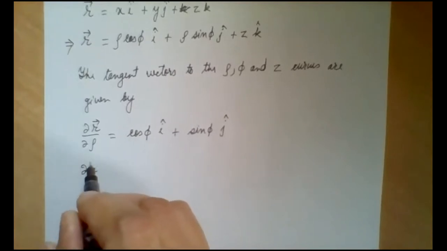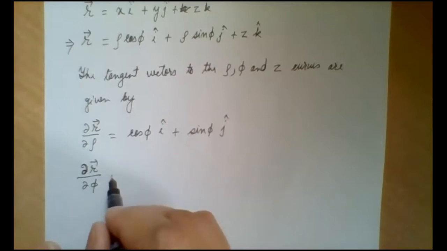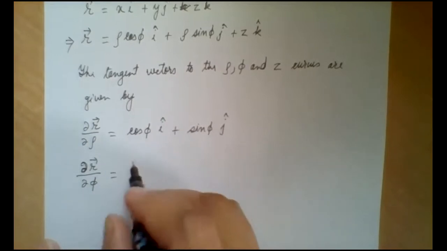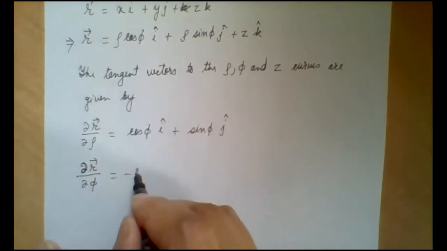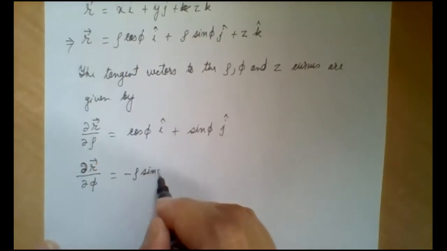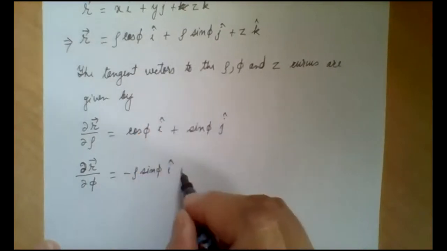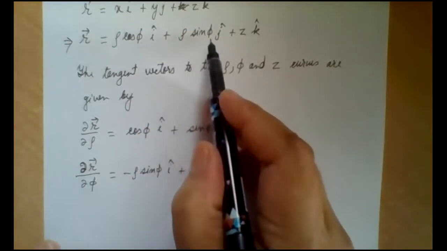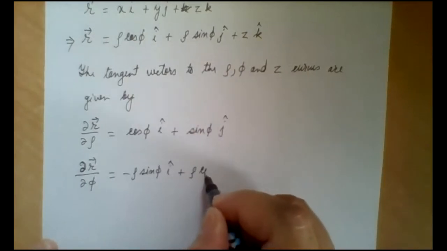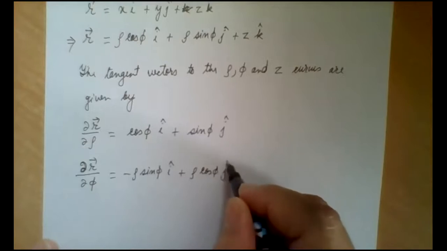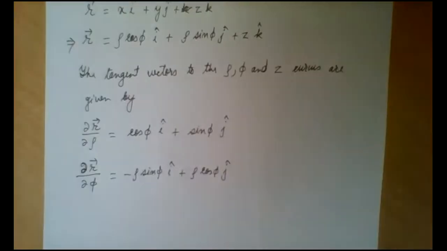Similarly, the tangent vector to the phi curve will be given by del r by del phi, and this derivative with respect to phi will be minus rho sin phi i hat plus rho cos phi j hat. z with respect to phi will be 0.